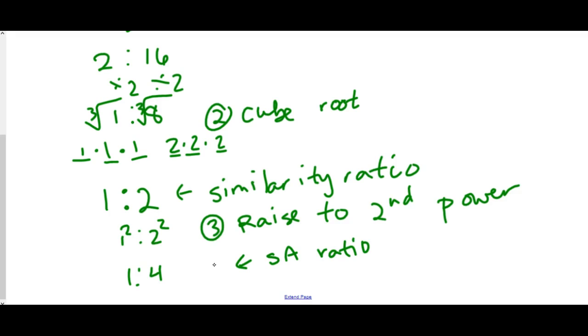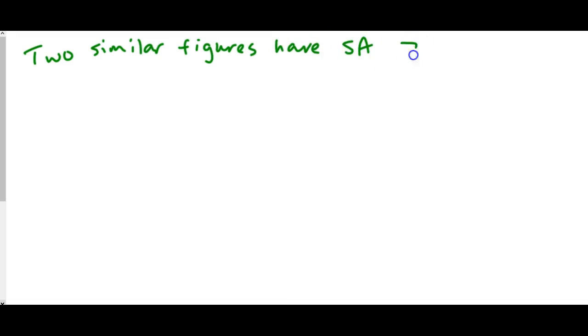So we can also use this to find a volume or surface area we don't currently know. Let's say we have 2 similar figures, and we know their surface area. We can use SA for surface area.